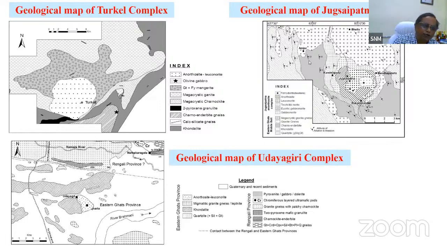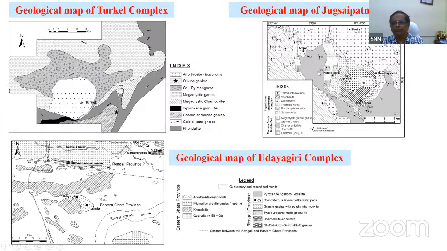As you can see, in the case of the Turkel, the core part is occupied by anorthositic rocks, whereas the southern rim parts are occupied by ferrodiorite or leucogabbro, leuconorite, things like that. And on the northern side, it is the mangeritic rock. Mangerite is nothing but a kind of charnockite, which contains both OPX and CPX. Their SiO2 is slightly less than the charnockite, to be very specific.